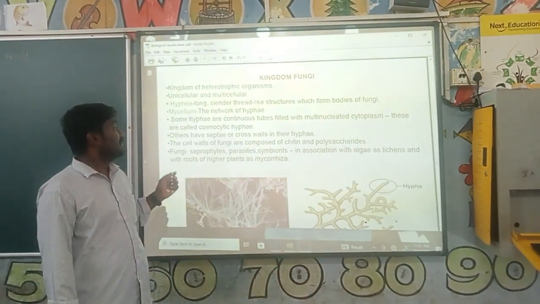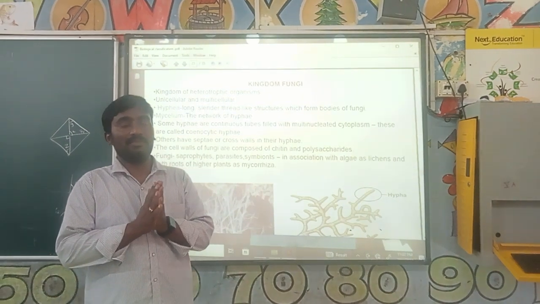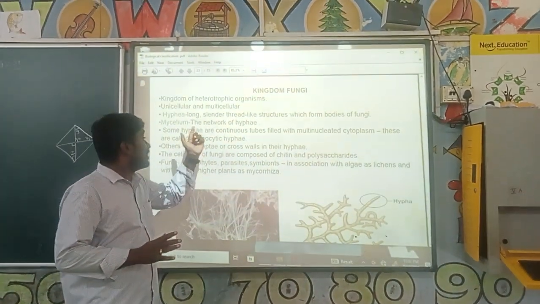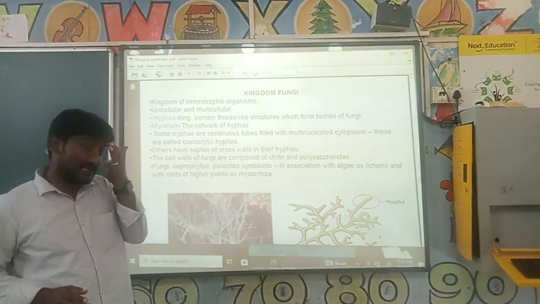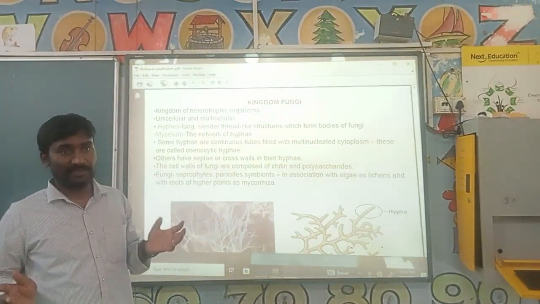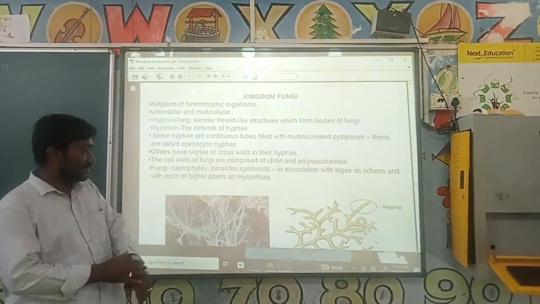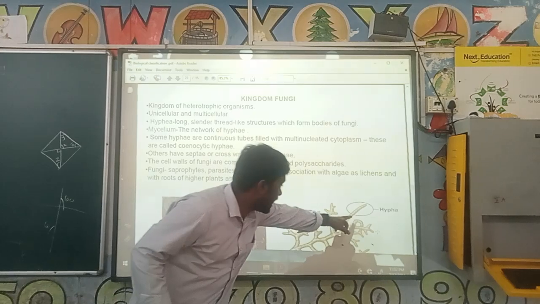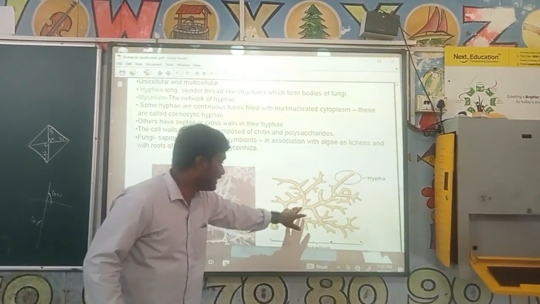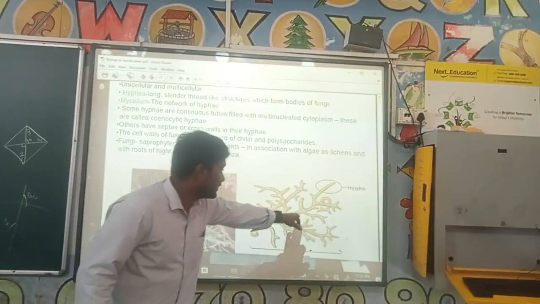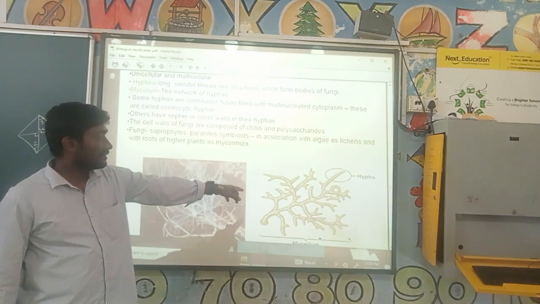How is the structure of the fungi? The body is a very long, thread-like structure. Its body is called hyphae. The body is very slender and long, thread-like.